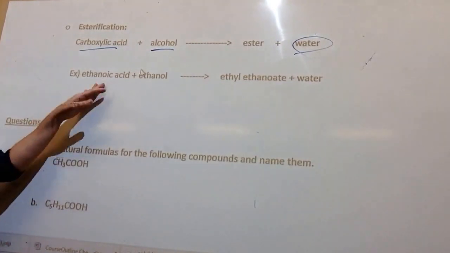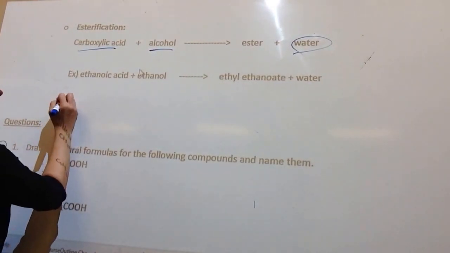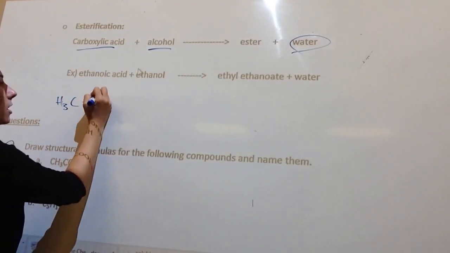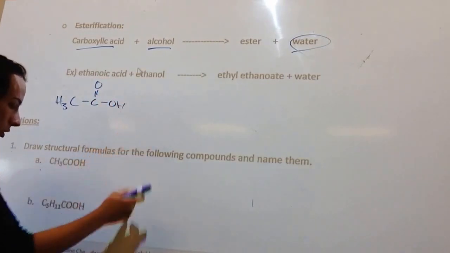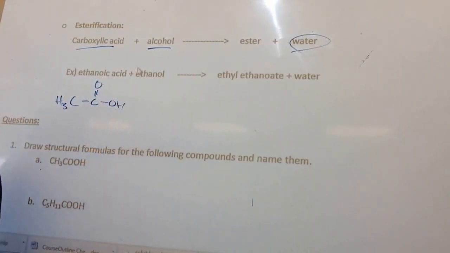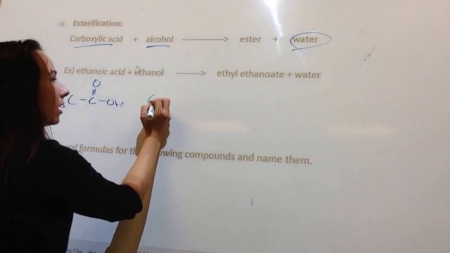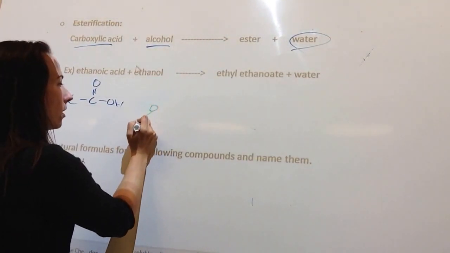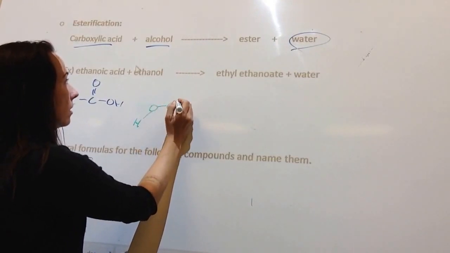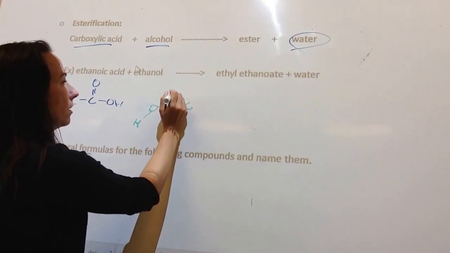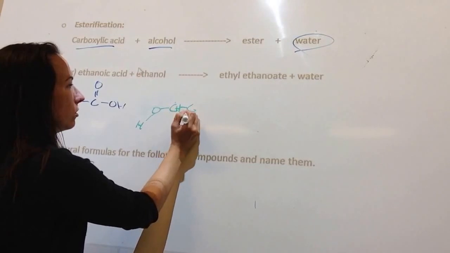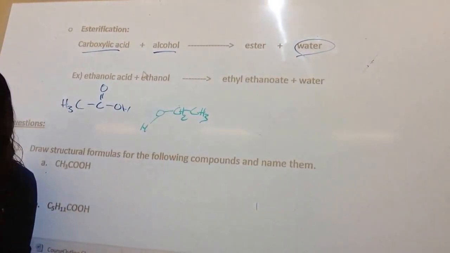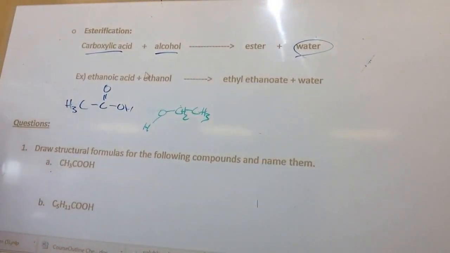Alright, so let's draw a carboxylic acid, like ethanoic acid. CH3, C, double bond O, OH. And let's make ethanol. In fact, I'm going to put my OH at the side here. OH, C, H2, CH3.